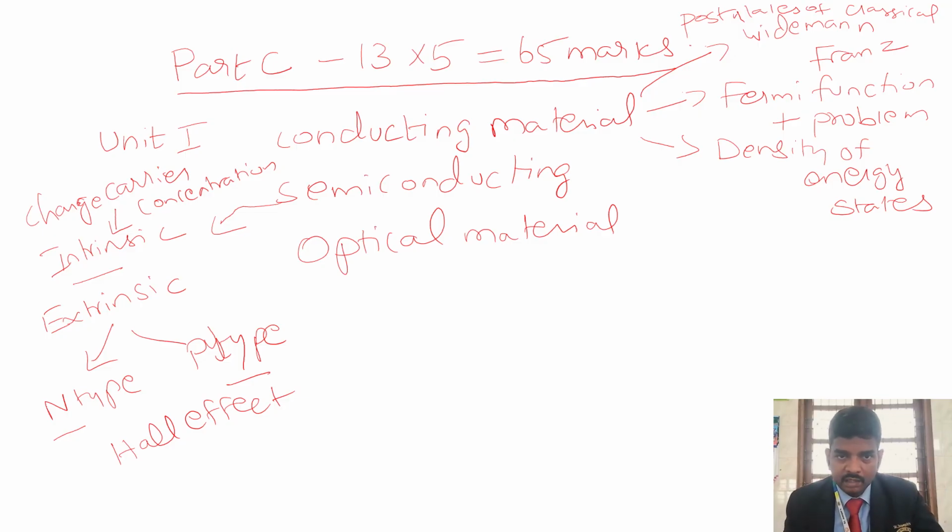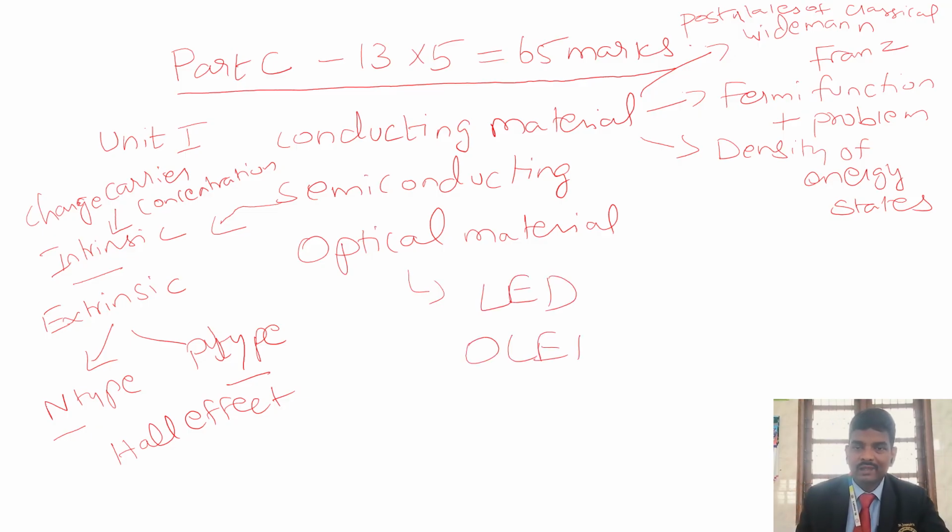In optical materials, we have LED, OLED, and solar cell, which is worth 13 marks, in addition to some other content. Now imagine if anybody is setting a question paper, they won't cover only conducting materials with 2 questions of 13 marks.